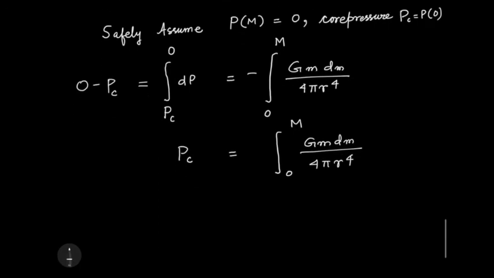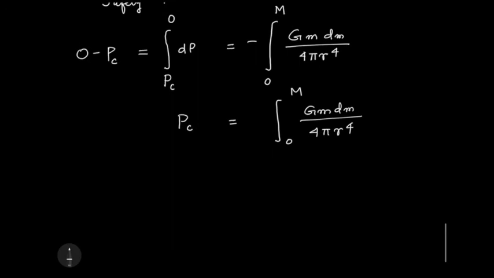Now what I should do here is write the expression for M and dM, and the expression for M will have rho. Let's not do that, actually, it is not required. We can argue what is the minimum value of PC that we expect. To do the integration here, I really need to know how the density varies with radius or mass.